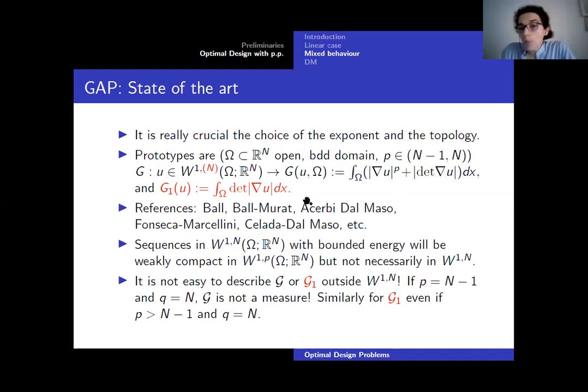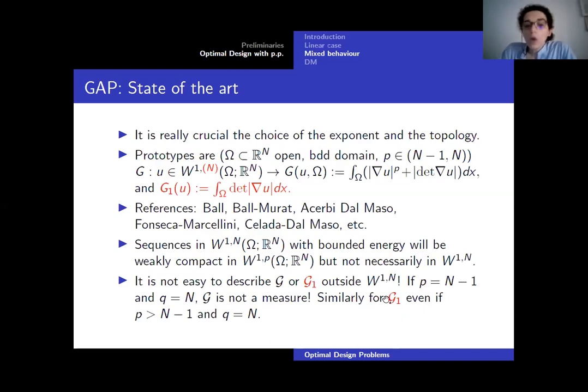And there is a wide literature on this setting, essentially proving that if p and q are not well chosen, let's say q is equal to n and p is between n-1 and n, it might still happen that the relaxed functional, which I always denote by calligraphic G1, is not a measure.